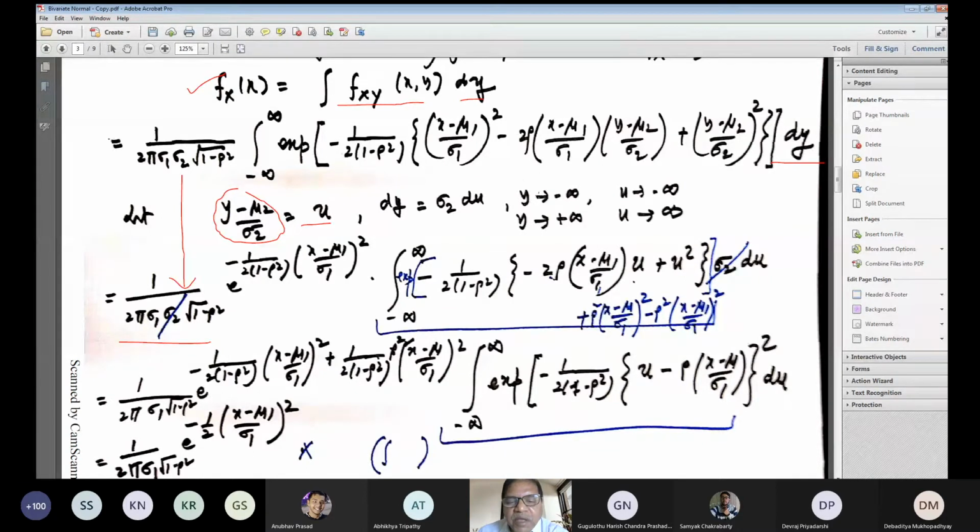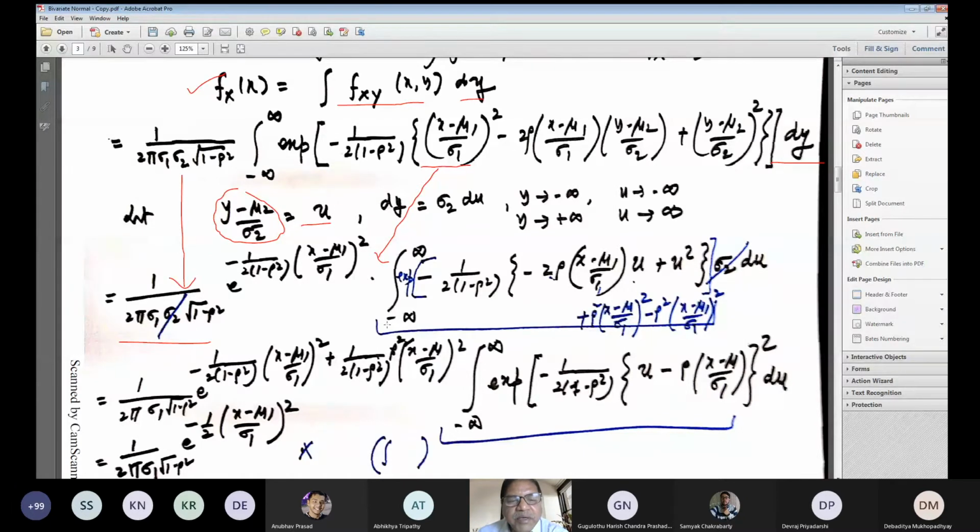Because we are integrating with respect to y, the terms which involve x we can take out. So this particular term has been taken out. Here we have the multiplication of exponential minus 1 by 2 (1 minus rho square) times ((x minus mu 1) by sigma 1) square.